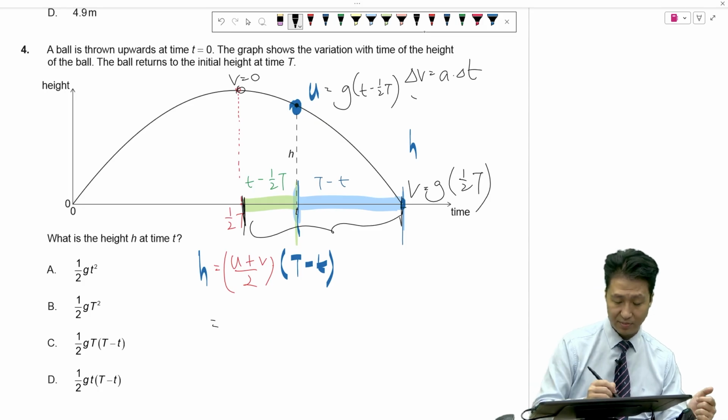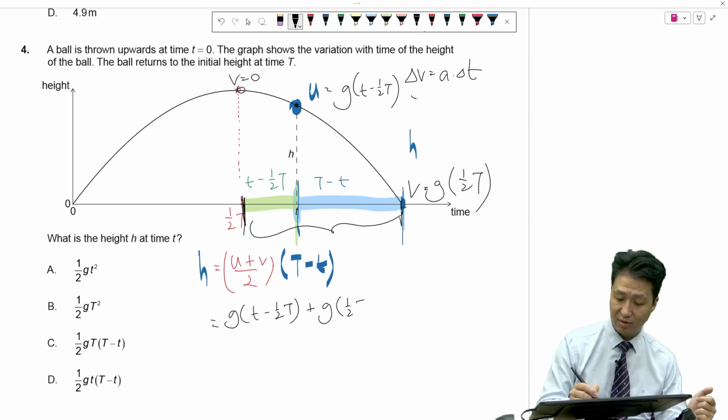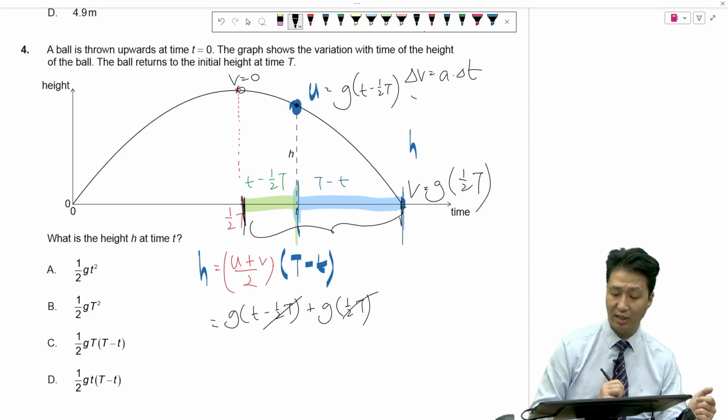Solving this, we get g times lowercase t minus 1/2 uppercase T, plus 1/2 gravitational acceleration times 1/2 uppercase T. You'll notice that this term and this term will cancel out. Divide everything by 2 and multiply by uppercase T minus lowercase t.